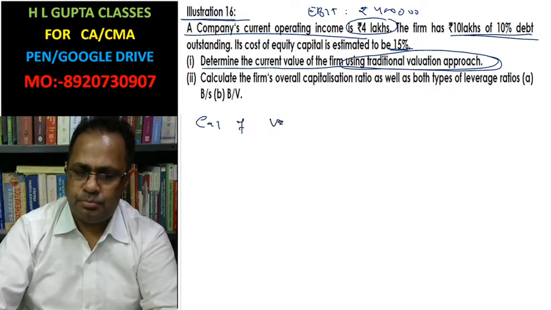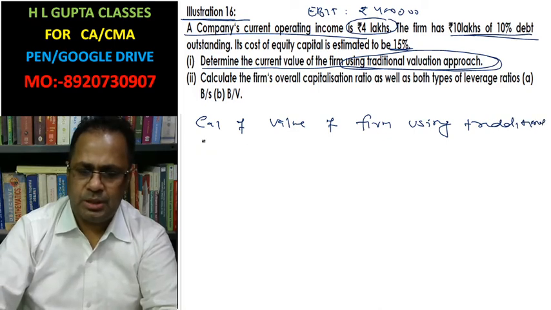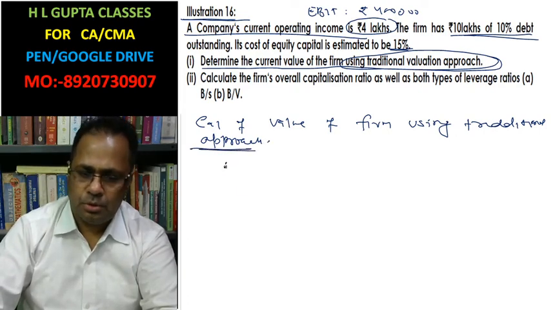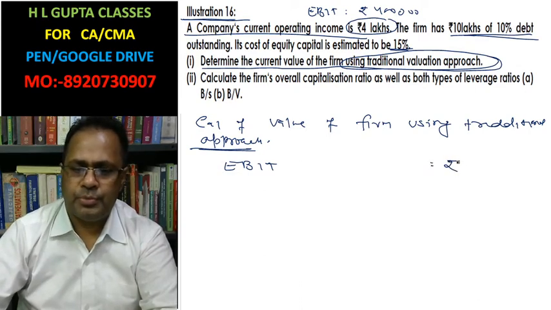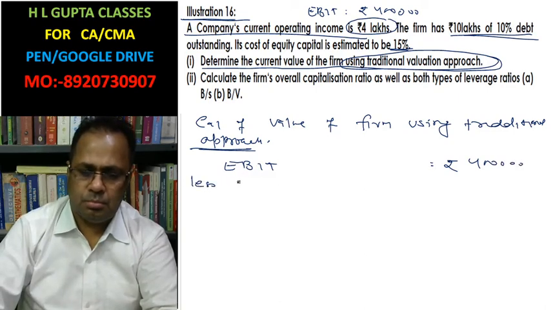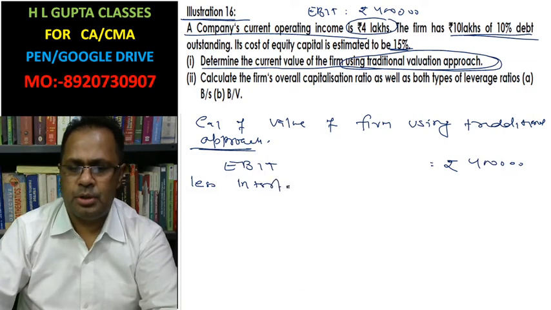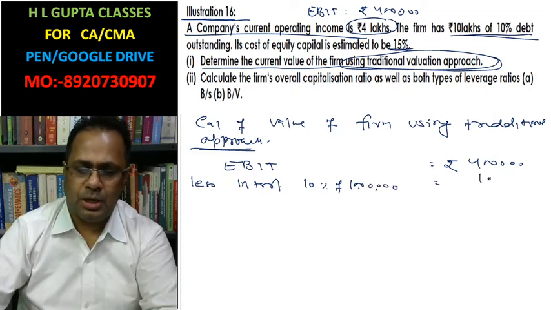Calculation of value of firm using traditional approach. EBIT is rupees 4 lakh, less interest, 10% of rupees 10 lakh, which is 1 lakh.